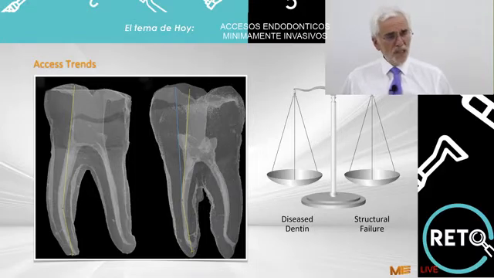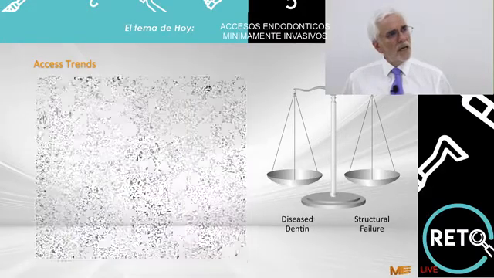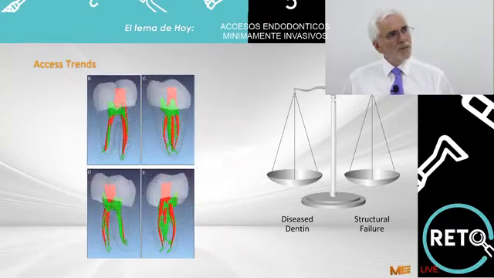The other thing that's interesting is if you flip to the next sequence in this, Jorge. And there we go. This is, I believe, the work of Frank Paquet. And if you take a look, the green in this case being the natural canal and the red being the prepared canal. In reality, maybe 45 to 50% of the contents of the root canal space are eliminated.